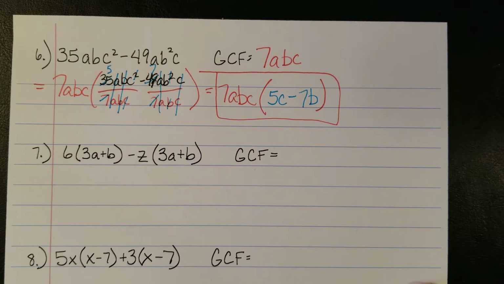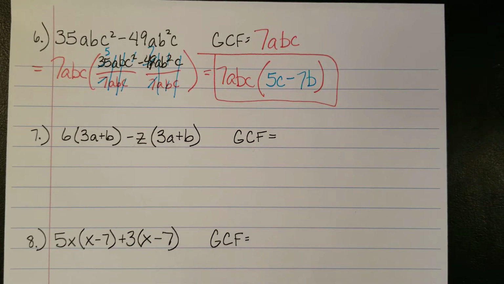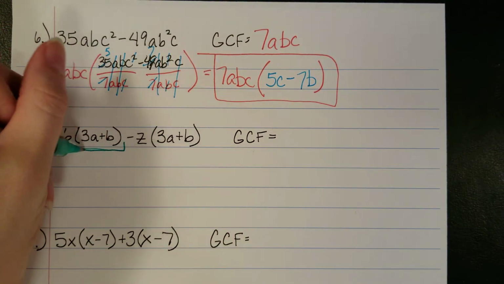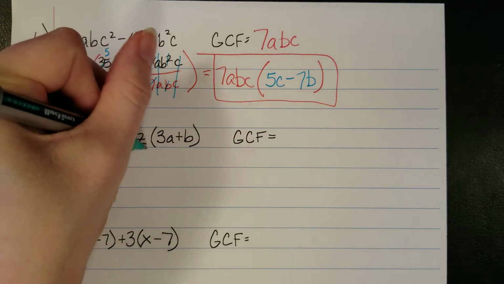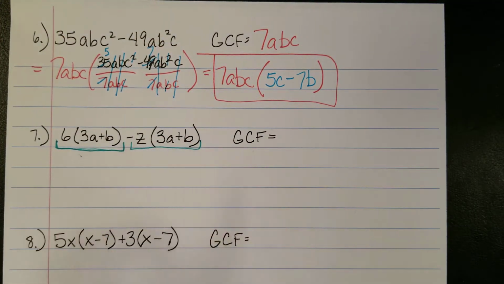All right, so number 7. So in this case, this looks a little bit different, but it's still kind of the same. So in this case, let's look at it as this is one term and this is another term, okay? That's one term and that's another term.